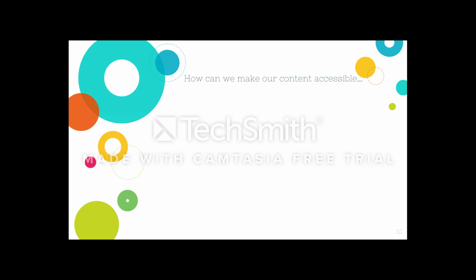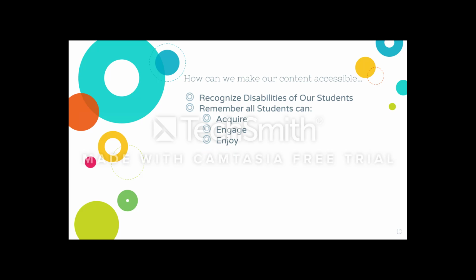So how can we make our content more accessible? First, we can recognize the disabilities represented among our student populations. Next, we need to remember that all students can acquire the same information, engage in the same interactions, and enjoy the same services as students without disabilities.